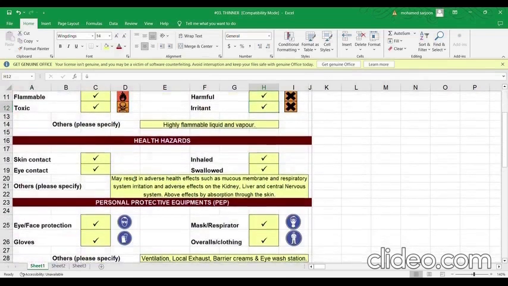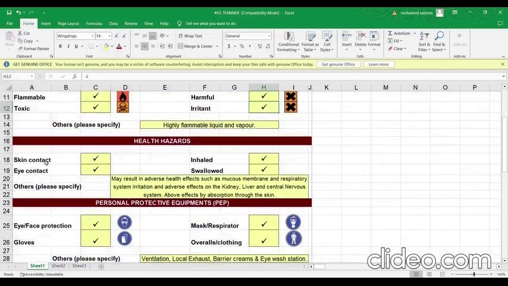Health hazards: this thinner can enter the body through the skin. Eye contact, yes, it can cause injury to the eye if it contacts the eye. It can enter the body through inhalation. It can also enter through the mouth if we handle it while eating food.